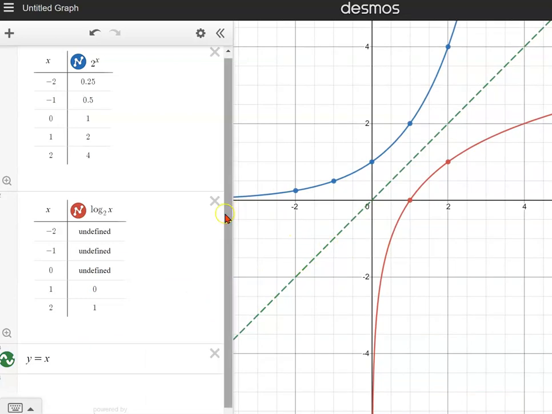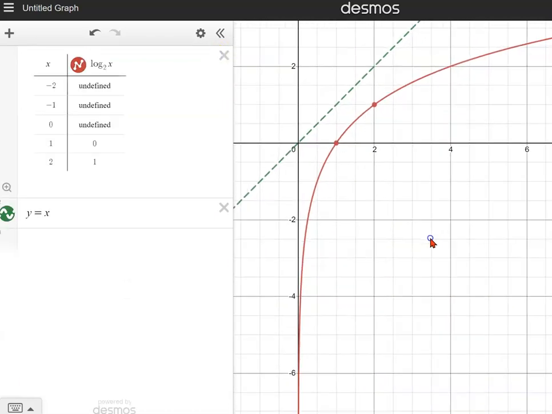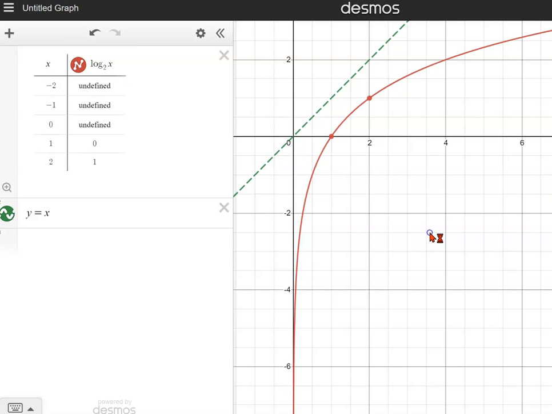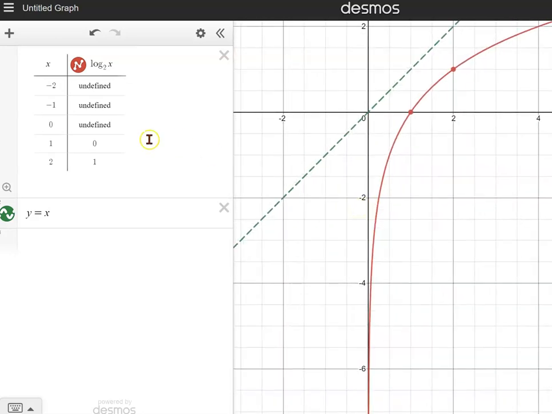So we want to get the range and domain of the logarithmic function. Since 0 and below is undefined, we have a vertical asymptote at x equals 0.